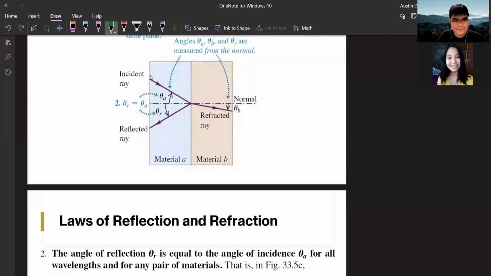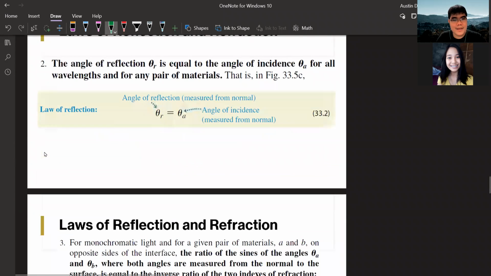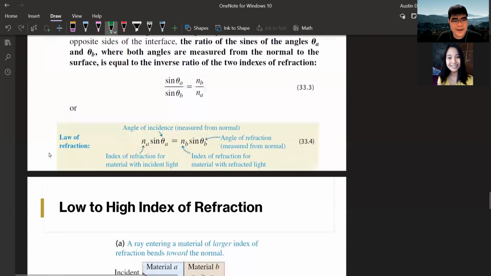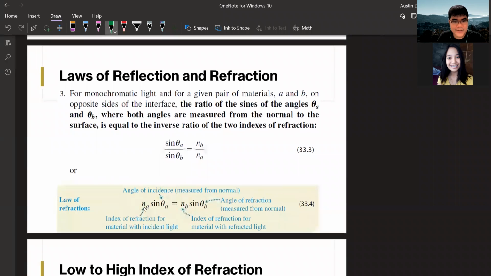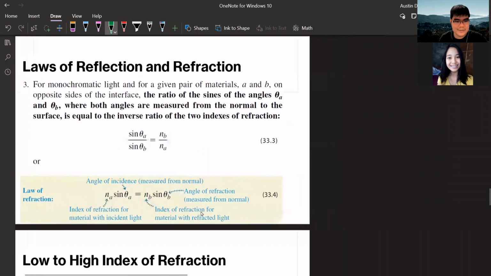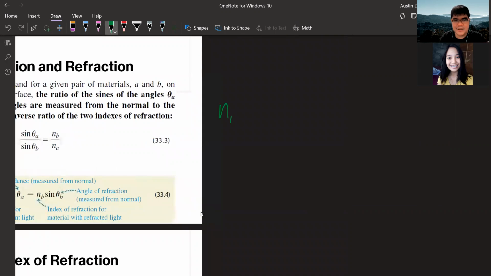And from here, we are sure that the incident ray would be reflected back by the same angle, measured from the normal line. Okay, and then lastly, the law of refraction is just this relation, or sometimes it's written as n1 sine theta 1 is equal to n2 sine theta 2.